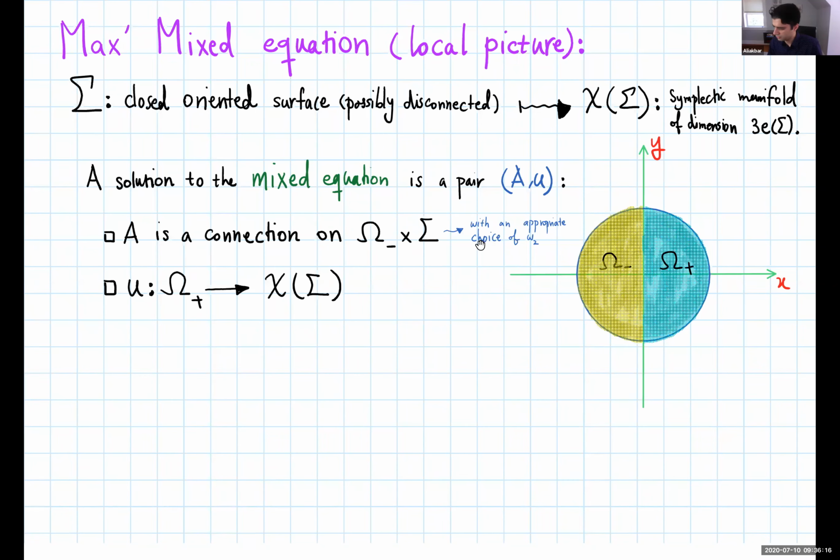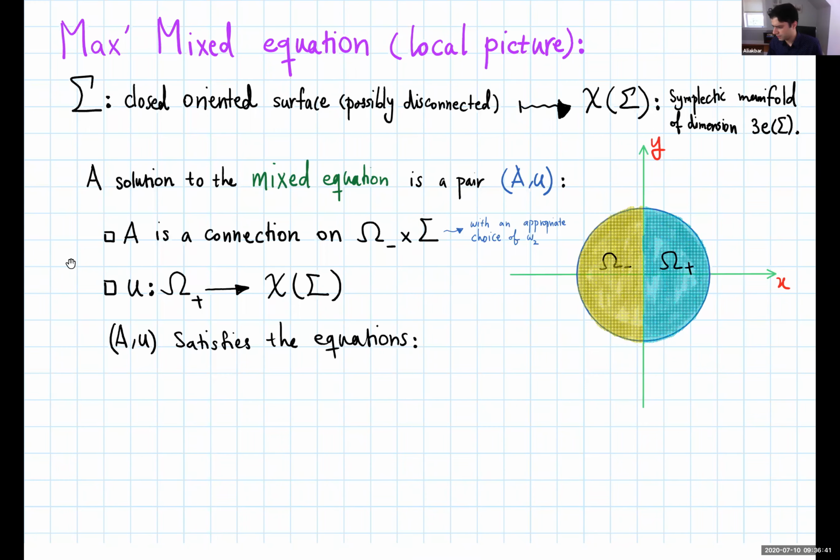Here, for the connection, I have to be a little bit careful with the choice of the second Stiefel-Whitney class, but it's probably easy to read it out from what I talked about in the previous slide. It's just going to be something which is coming from the punctures in sigma. Each puncture in a connected component would induce some omega 2 for it.